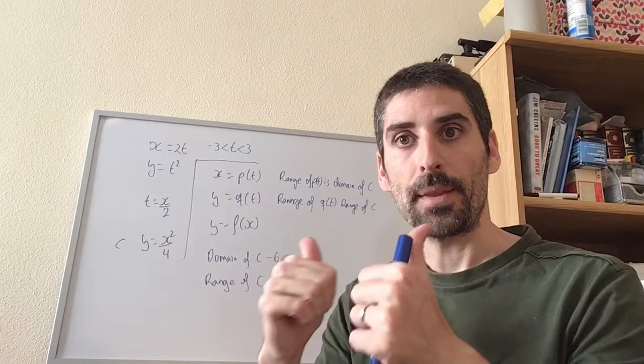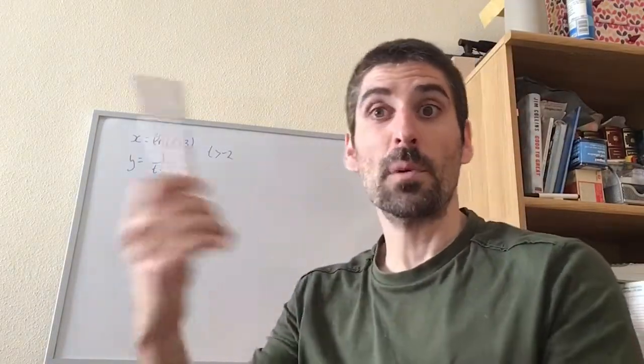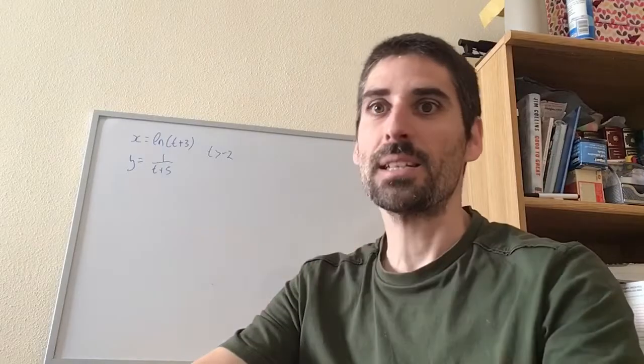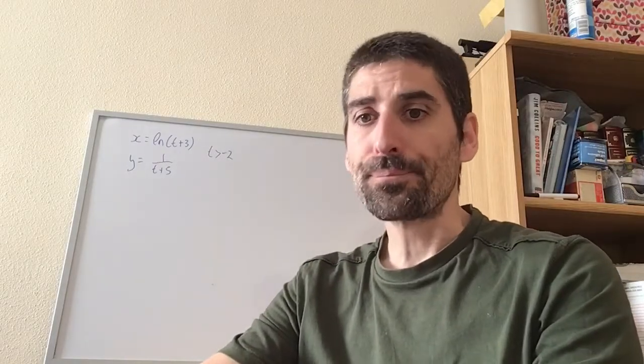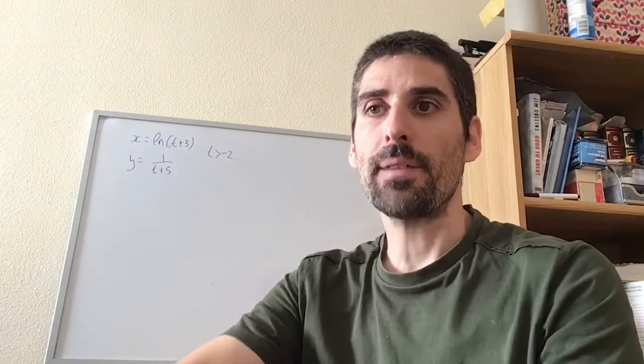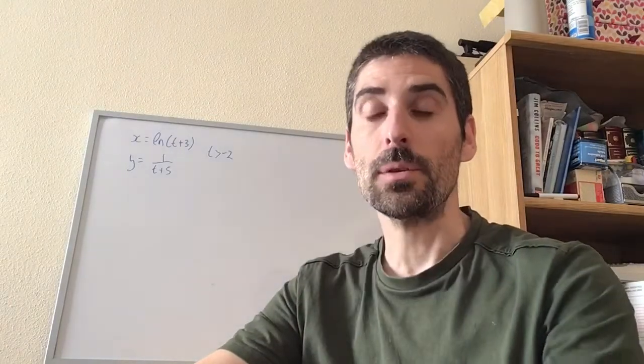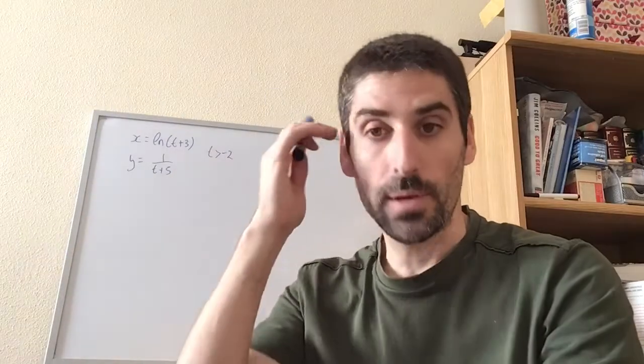Okay, and here we are with a slightly more complicated example, but again, it's just algebra manipulation. Here I've got my two parametric equations where x is the log of t plus 3 and y is 1 over t plus 5, with t being strictly greater than minus 2. There are two things I'm going to try to answer.